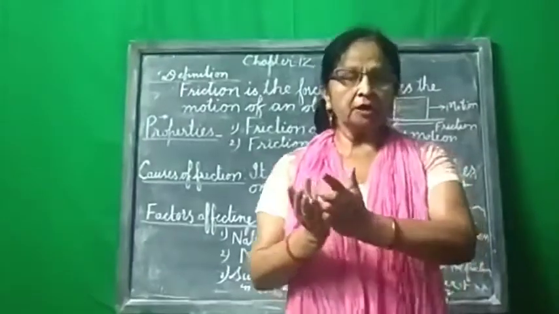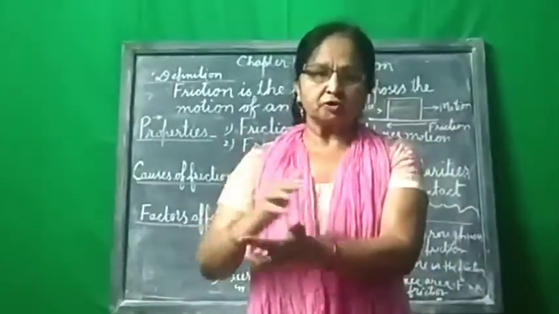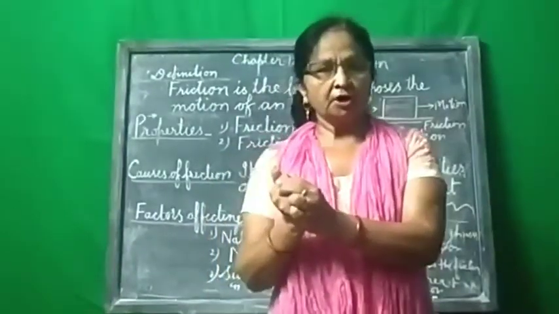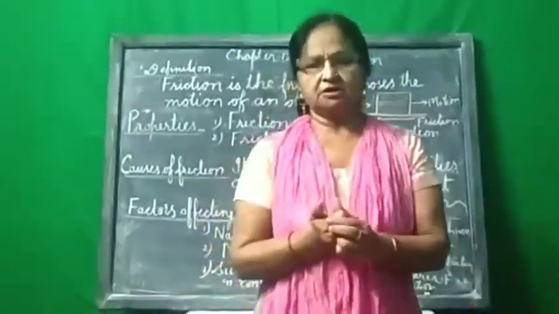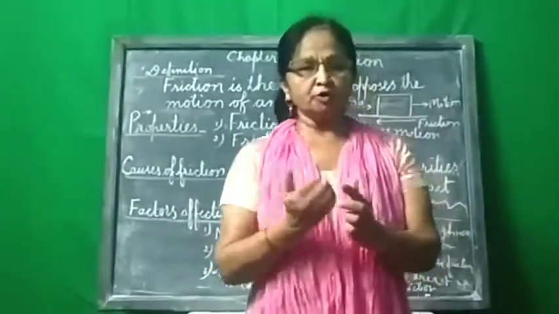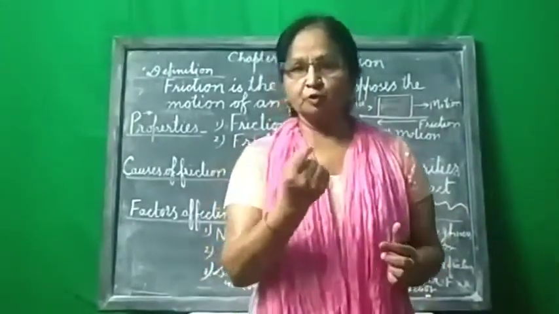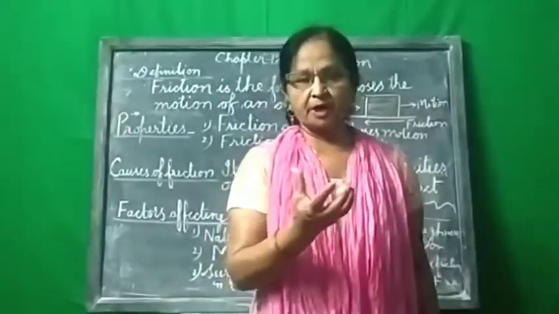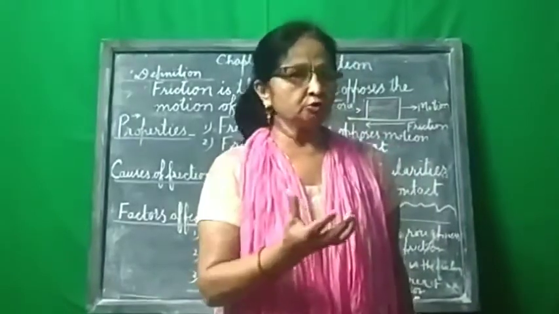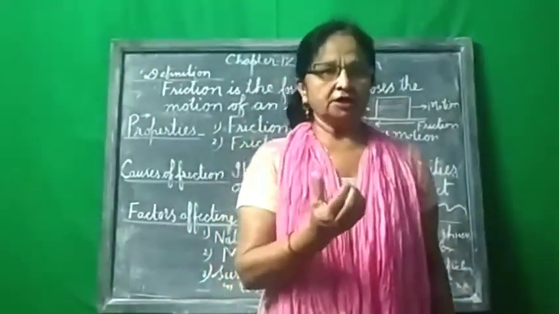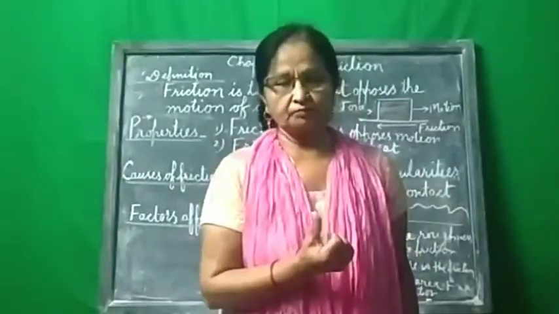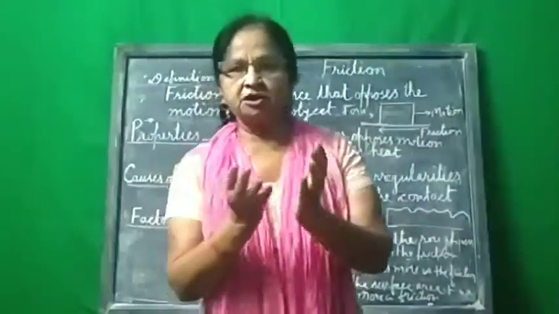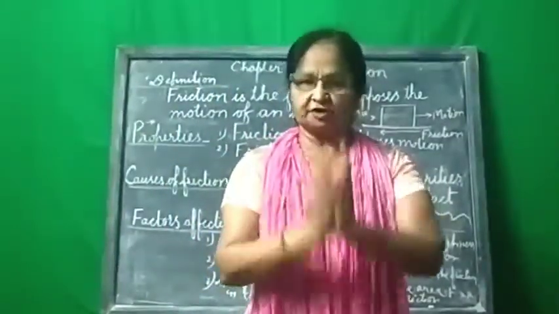And a rolling ball automatically stops on the surface when it is in motion. And a lot of examples are there in daily life. स्पोर्ट शू आपने देखा है, उसमें थोड़ी थोड़ी सी grooves बनाए जाते हैं. So the sportsman can use these shoes very easily and he is not able to slip. So in daily life a lot of examples are there. All these are due to just one answer, friction.